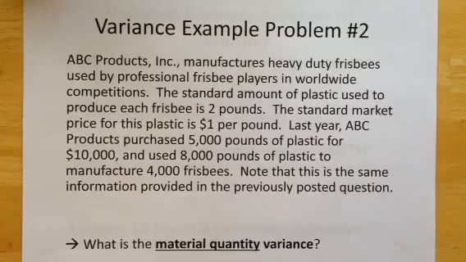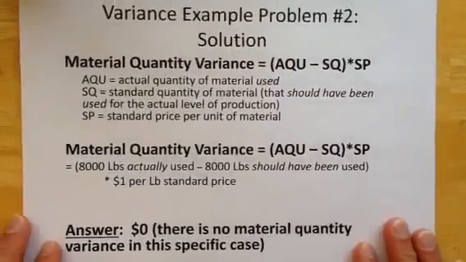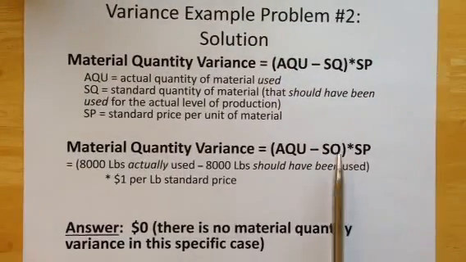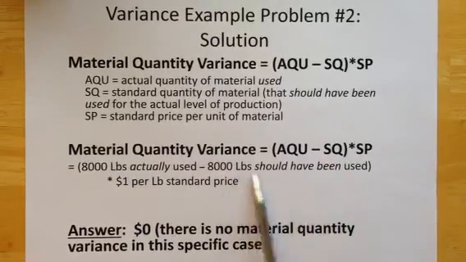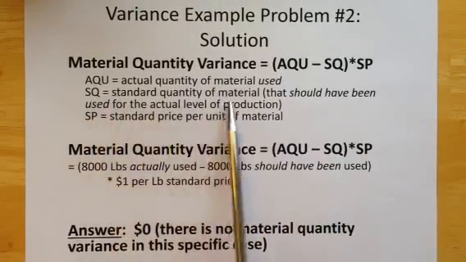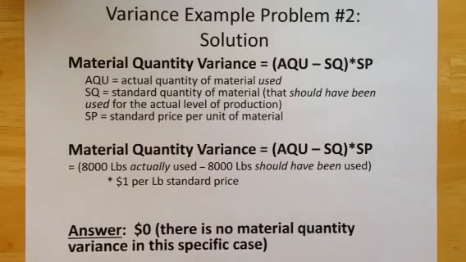That tells us we would have expected to use 8,000 pounds of plastic, if all was going correctly, to produce those 4,000 Frisbees. Once we calculated that interim value, we were able to plug that in for SQ. 8,000 pounds should have been used. That's what we would have expected to use. That's the standard quantity of material. So that required an interim calculation to get that value.